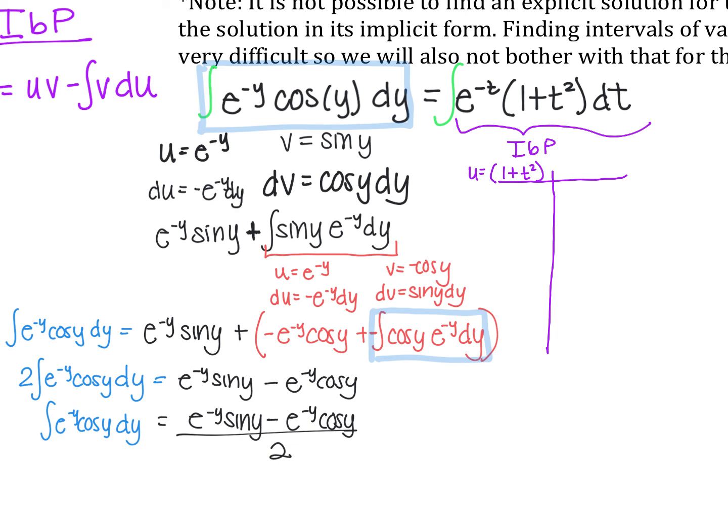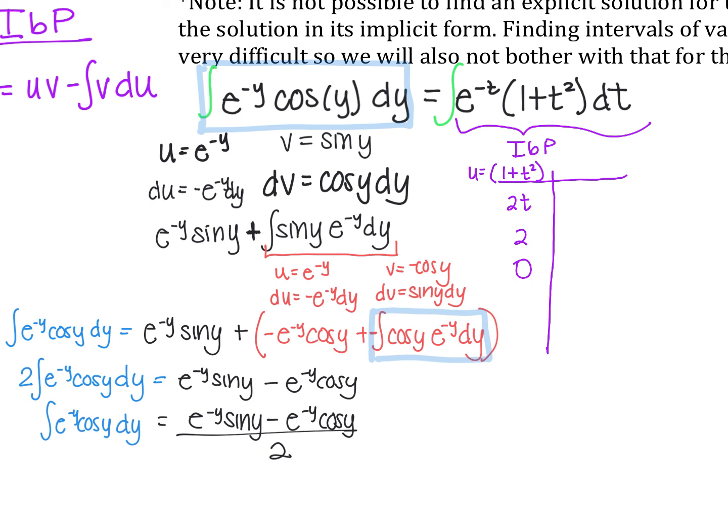So the derivative of 1 plus t squared is 2t. The derivative of 2t is 2, that took way too long. And the derivative of 2 is 0. That's the whole point. Get that polynomial to 0.